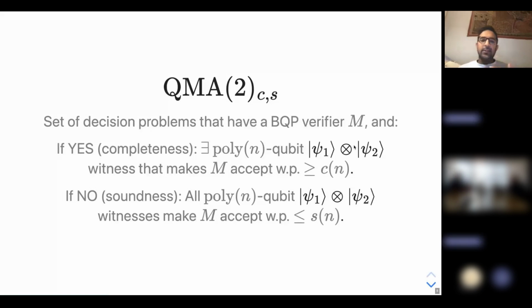The reason it's possibly more is because as a verifier, I know these two copies have nothing in common. There's no entanglement between them. So maybe I can use that to my advantage when I'm checking. This doesn't come up in NP because if I give you a witness in NP, you could just copy it yourself.